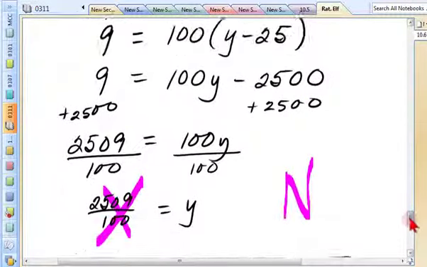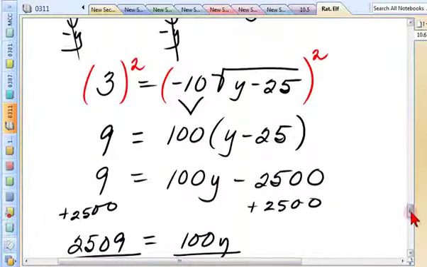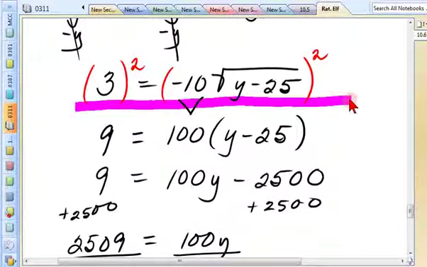You know, right up here, it was observable, if you were really experienced, that it was going to have no solution. Because the left-hand side was a positive number. The right-hand side was going to have a negative value.